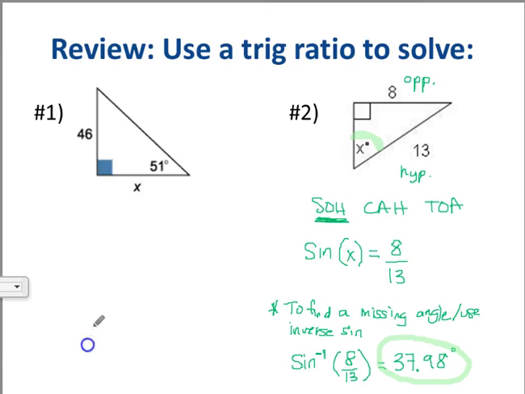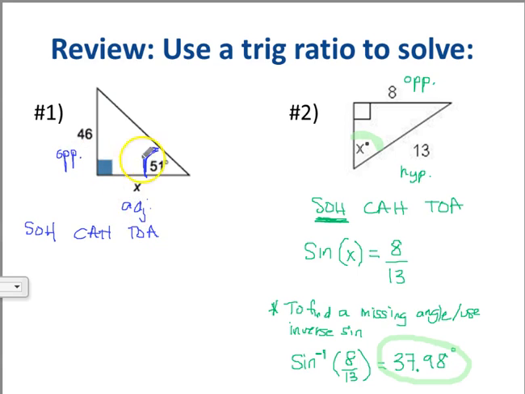So let's look at this one. We have 1 angle measurement, so we can use that as our reference. What 2 sides are we given in reference to that angle measurement? We have the adjacent and the opposite. So what are we going to use?